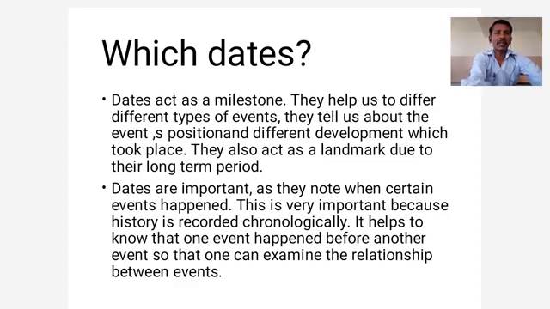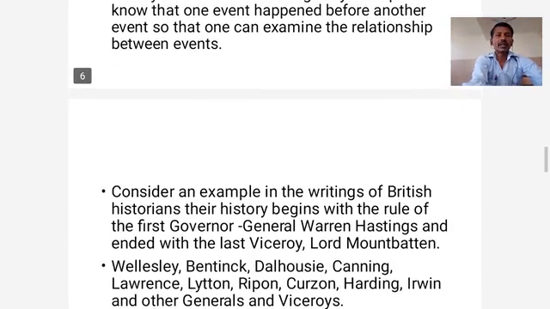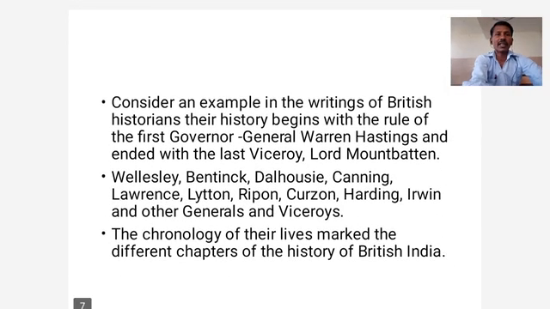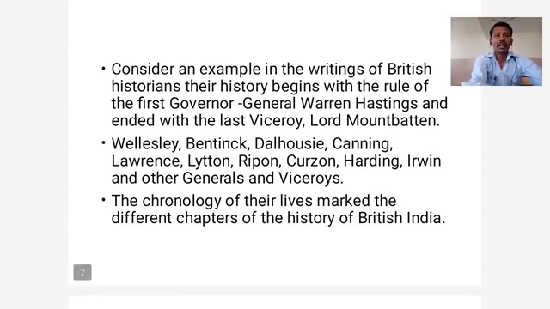That's why dates are mainly important. So consider an example. The writings of British historians begin from the rule of the first Governor General Warren Hastings, and end with the last Viceroy Lord Mountbatten.